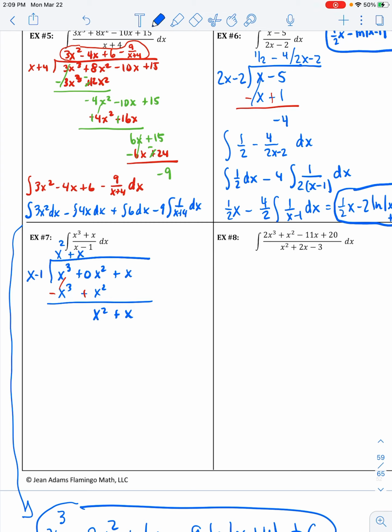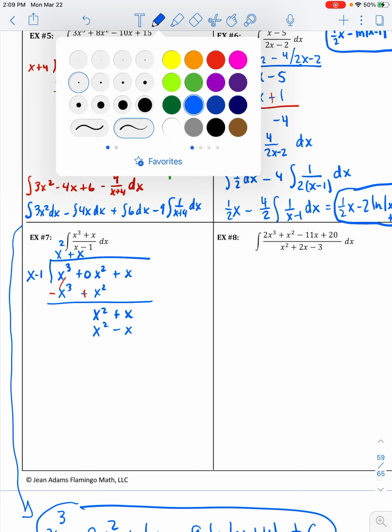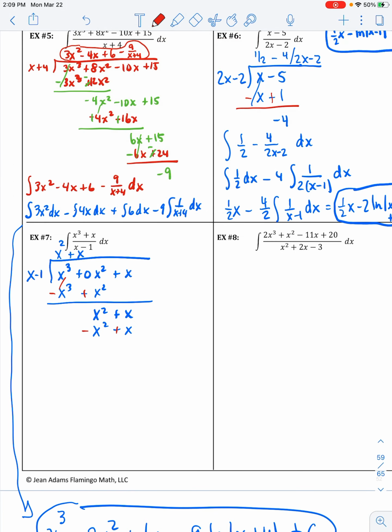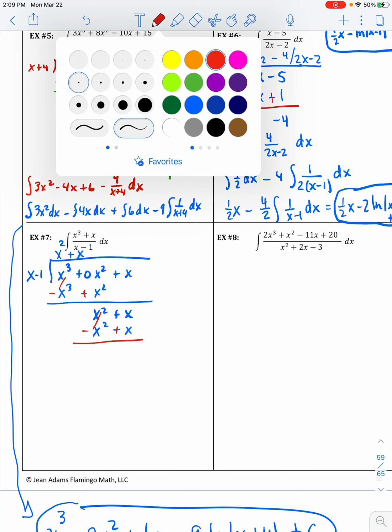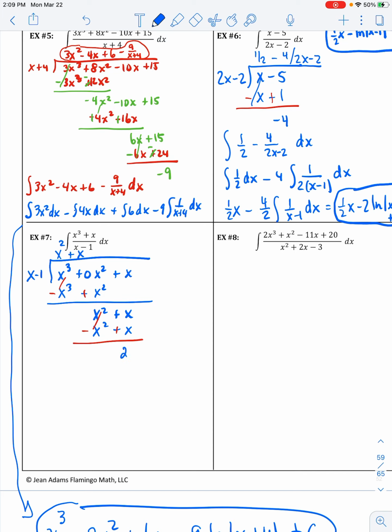What times x is x squared? That would be x. So x times x squared. X times -1, negative x. Then we subtract. That goes away. This one becomes 2x. What times x is 2x? 2. So we got 2x and then minus 2, but we subtract.